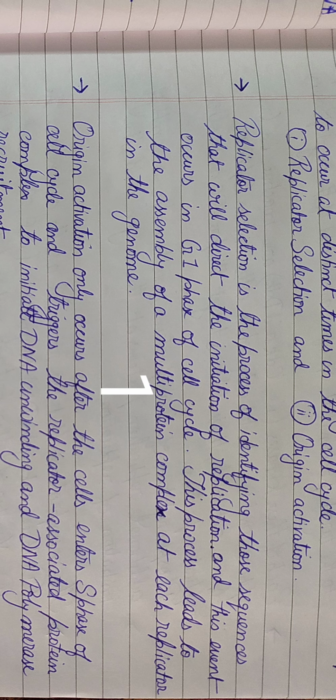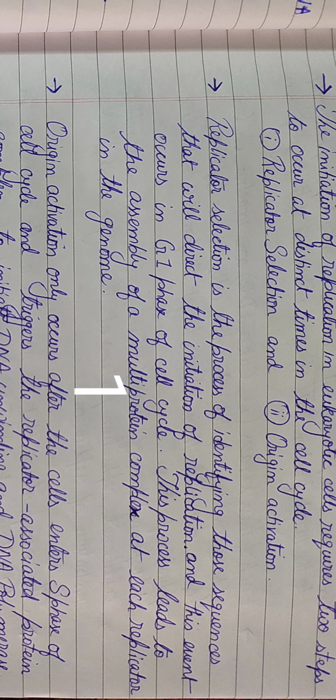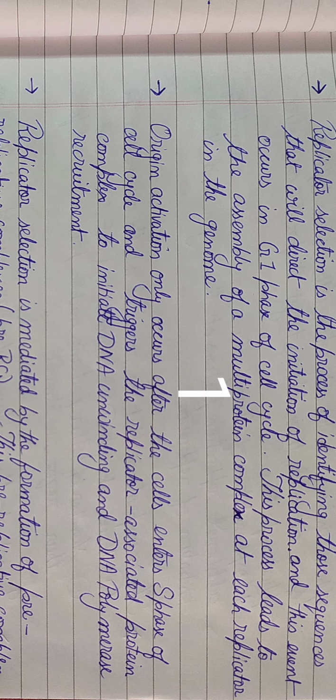For that, we need quick access to the replication process, and thus they have multiple origins of replication, which we are calling replicators here. For identifying which sequence will be the replicator, this step is crucial, and a multi-protein complex will associate with these replicator regions in the eukaryotic genome.